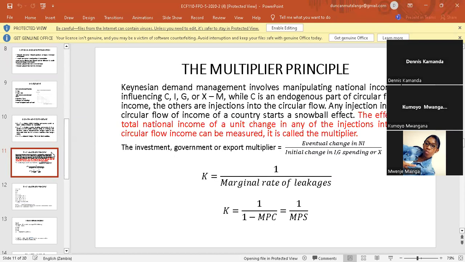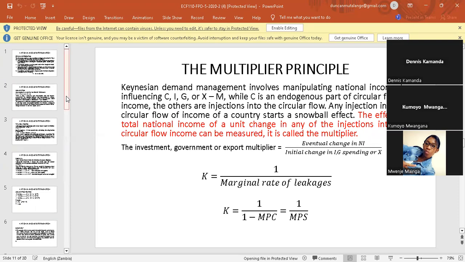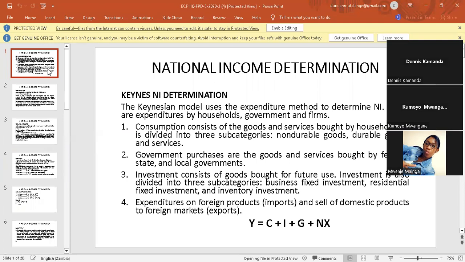This multiplier principle mainly depends on your understanding of the two taxes that we have done, which is the tax rate and the MPC. So just pass through the notes again, alone on the slides, and try to see how best you can understand them more. I know you've gotten the understanding right now, but you can understand them even better.